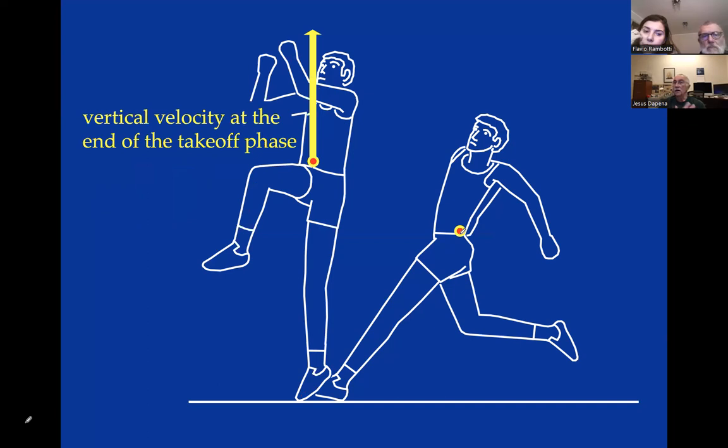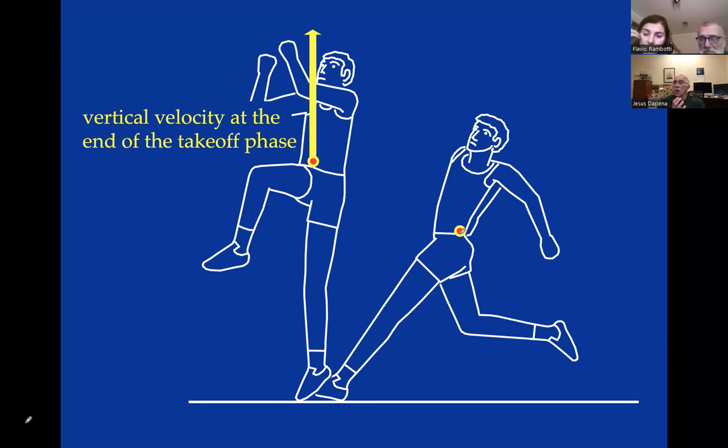Okay, we're going to plot in the horizontal, exactly like we did before, the value of the vertical velocity at the end of the takeoff phase. And this is a rough indication of how powerful the takeoff leg is.